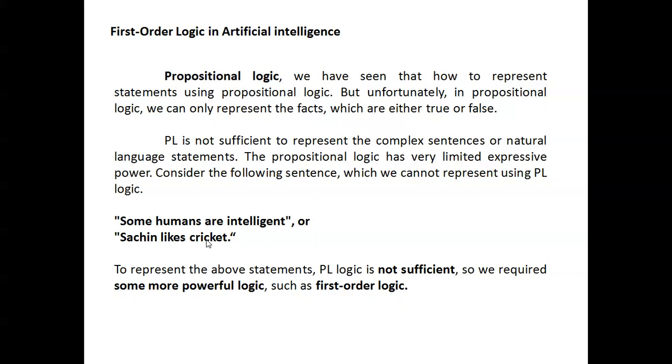That logic is first order logic. Before first order logic there is propositional logic, which doesn't have the efficiency to complete the sentence statement, so we have to go to first order logic.